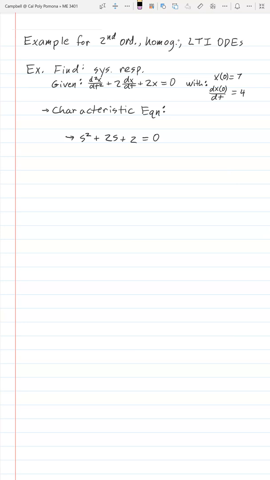So let's go ahead and look at the roots associated with this characteristic equation. So we get s1,2, and that's equal to, I really want to take the square root of something.